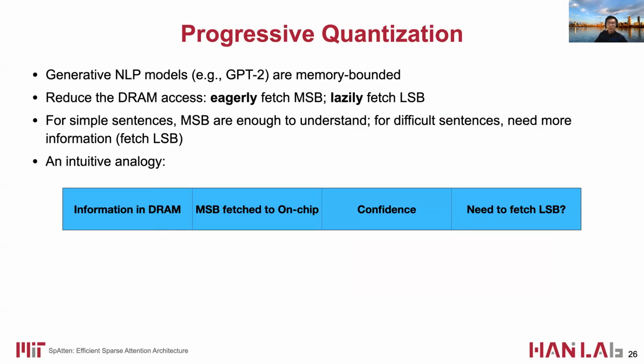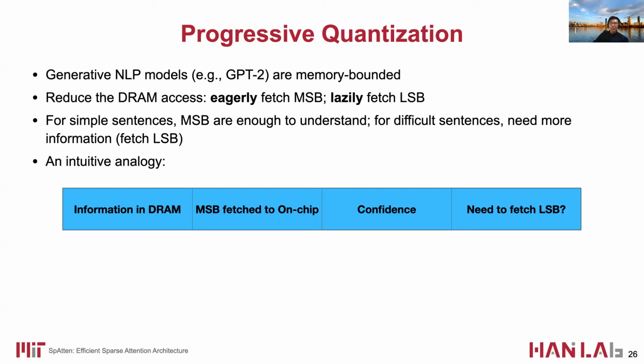The core idea is to reduce DRAM access for memory-bounded generative NLP models such as GPT-2 and GPT-3. We achieve this by eagerly fetching MSBs and lazily fetching LSBs. Intuitively, for simple sentences, we can just use MSB to understand sentence meaning, but for difficult sentences, we need more information. Here is an analogy.